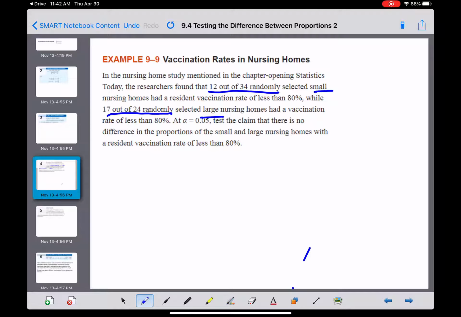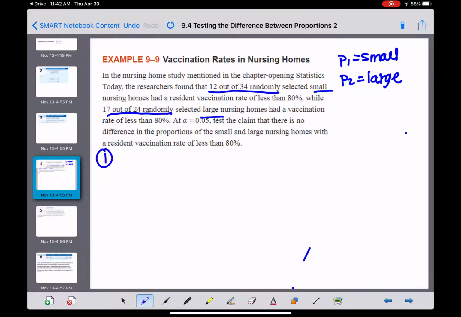At alpha equals 0.05, test the claim that there is no difference in the proportions of the small and large nursing homes with a resident vaccination rate of less than 80%. Our p1 is going to be small, and our p2 is large.